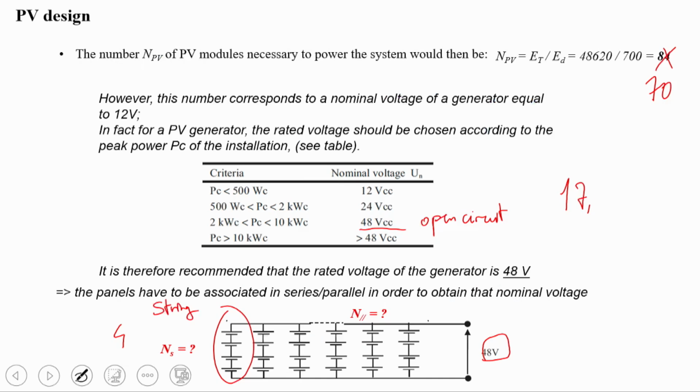So if you do the calculation, 70 divided by 4 is equal to 17.5, and it's right. You will select 18, never below, but up. So 18 strings.